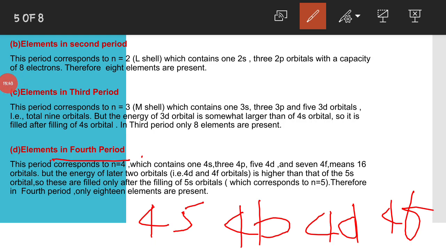The fourth period ends with krypton, in which the last electron enters the 4p orbitals. Thus, the period contains 18 elements from potassium, atomic number 19, to krypton, atomic number 36.